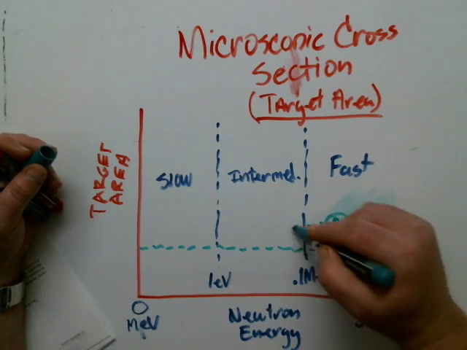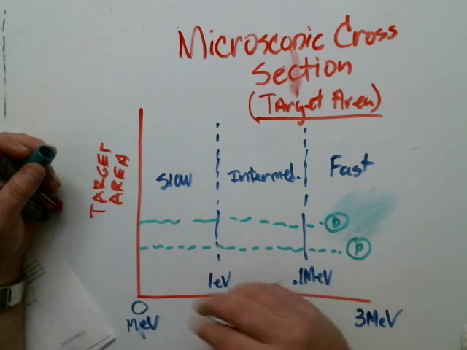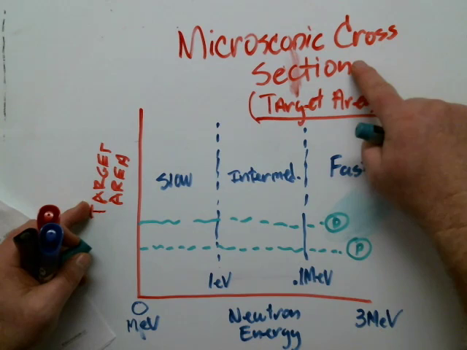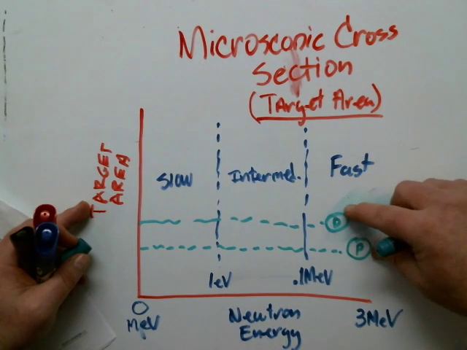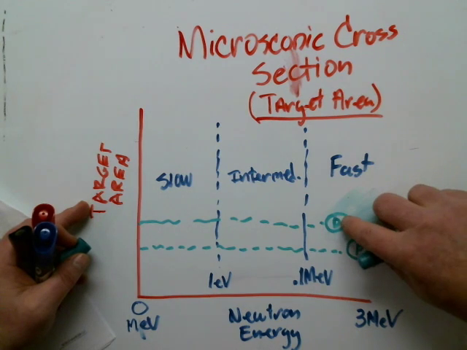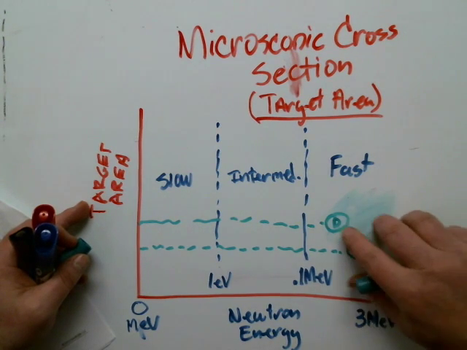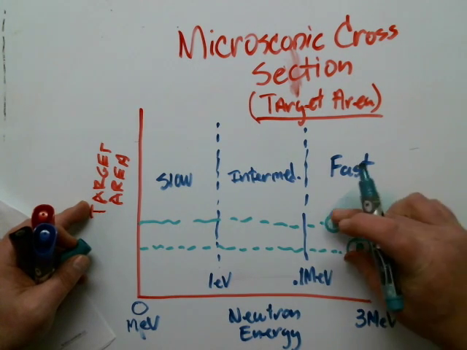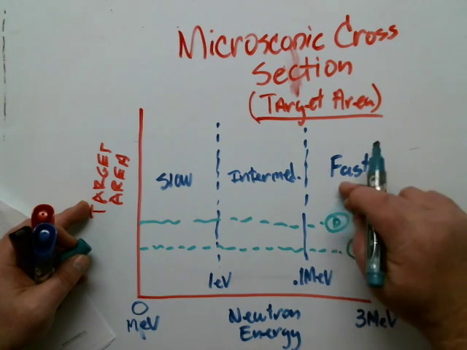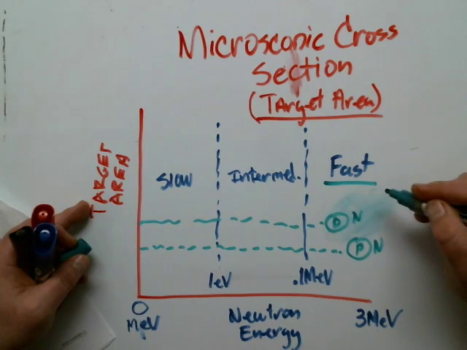So this target area, once again, is the probability. It represents a target area for these neutrons, both a delayed neutron and a prompt neutron, which were just born from fission. We'll worry about what delayed and prompt mean in a sec, but they're both born at fast energy spectrums.